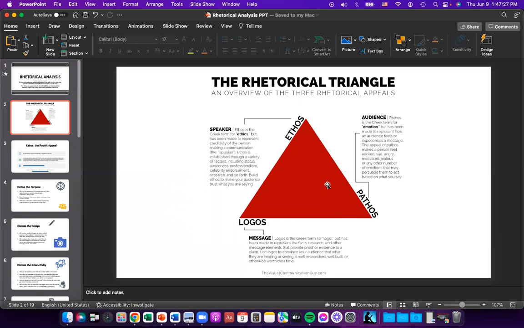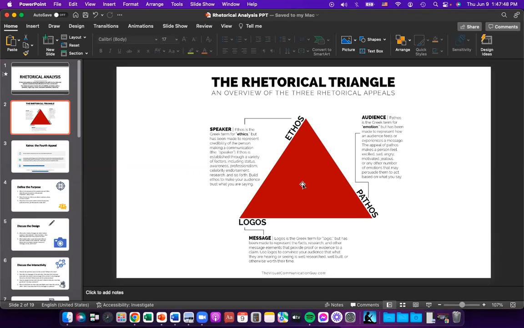I'll be honest with you, I would probably put it right here. I think it appeals to ethos and pathos more. I think it appeals to pathos the most, and it appeals to logos the least. There is that one line of logos, but I think that I would put it here.